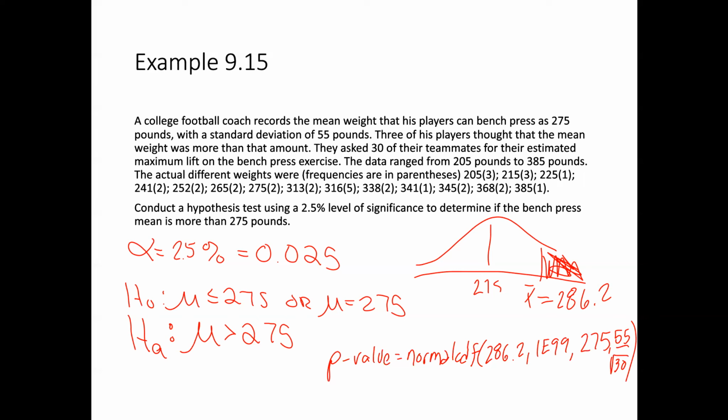I could do that. Or I can just use the z-test. I'm going to do that because I'm lazy. Not that I think you're lazy. So I'm going to go to stat, and I'm going over to test. And I'm going to do a z-test on that data. So instead of using stats, I have to go over to data, and I have to tell my calculator where my data is.